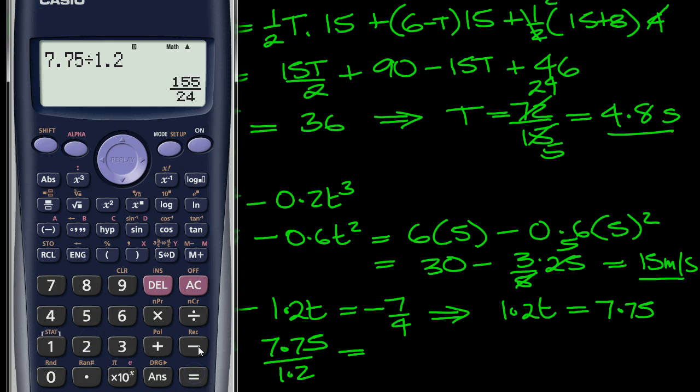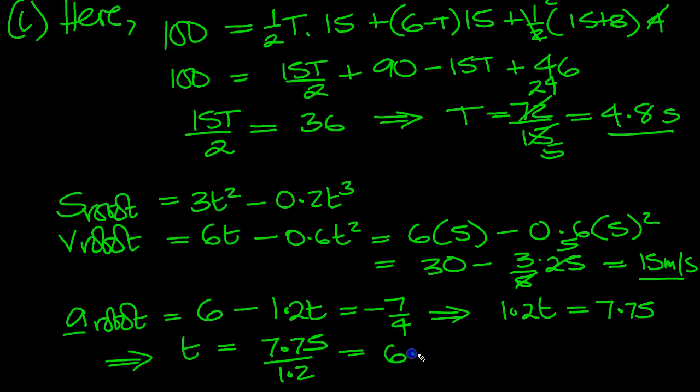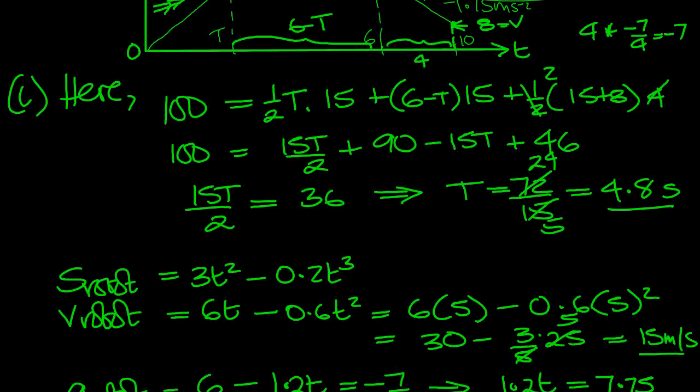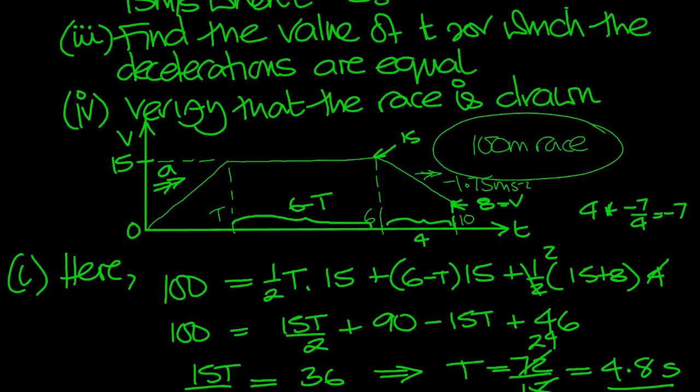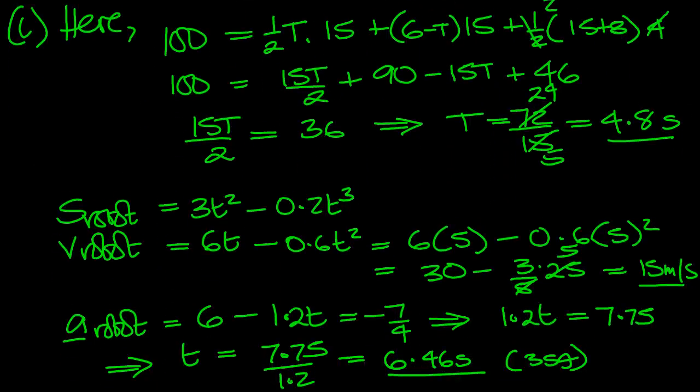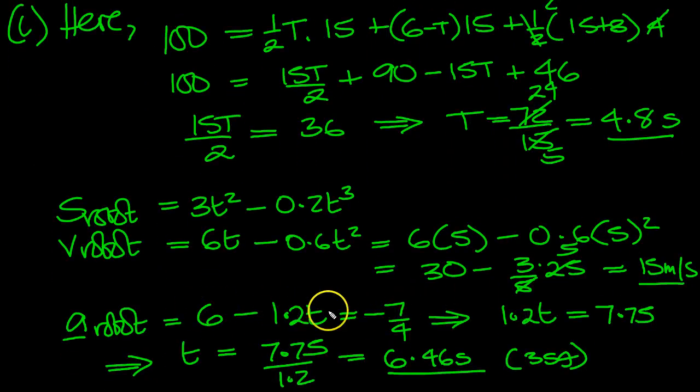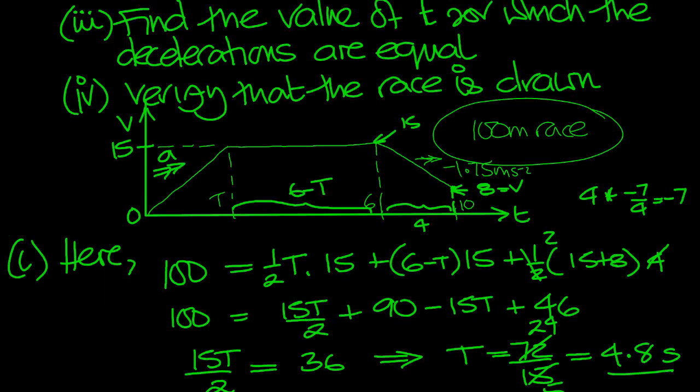As a decimal that's 6.46, to three significant figures. So there's the time where the decelerations are the same. Okay, so did I do that correctly? Yeah, the acceleration of the robot was minus 7 over 4, that's right.